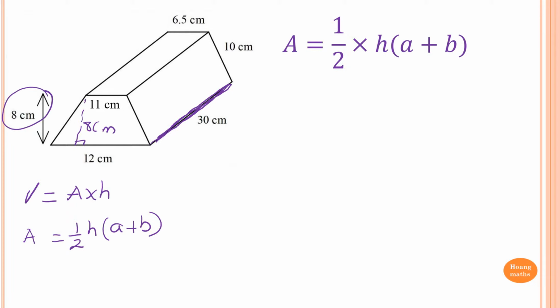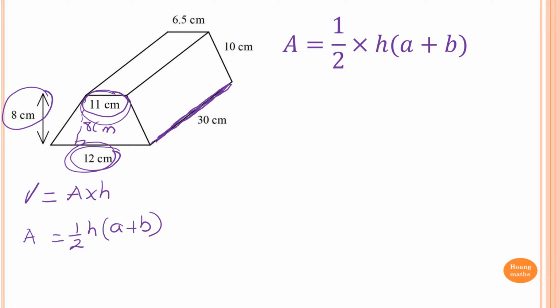And a and b: a is 11 centimeters and b is 12 centimeters, or a is 12 and b is 11. It doesn't really matter because a plus b is the same as b plus a, so it doesn't matter which one is a or b. The most important thing is the perpendicular height, which is 8.